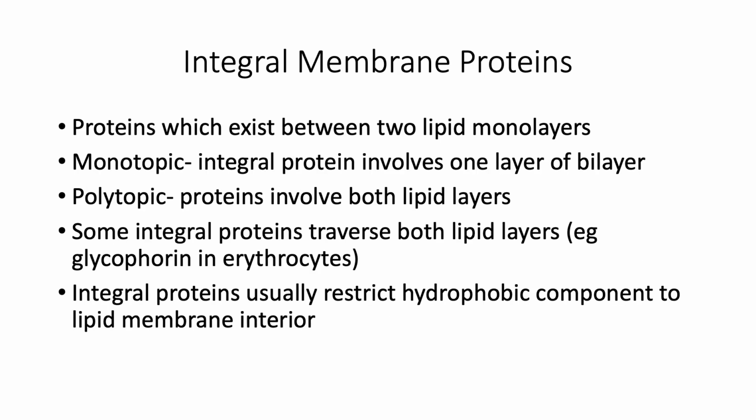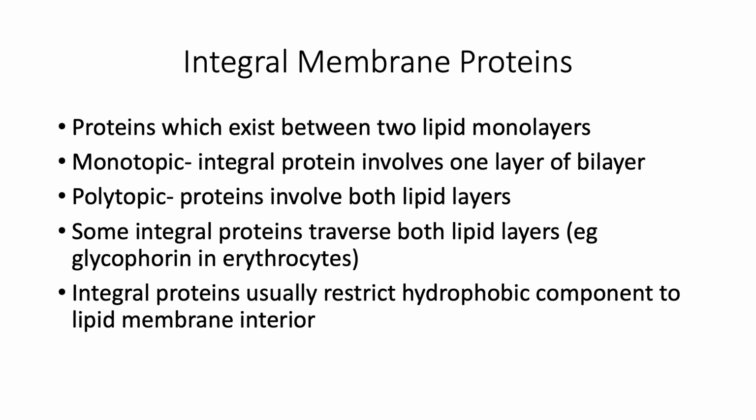And then you can determine polar areas of lipids by attaching fluorescent labeling. Integral membrane proteins. These are proteins that exist between the two lipid monolayers. They traverse the breadth of the membrane. They're monotopic, where the integral protein involves one layer of the bilayer, and polytopic are proteins that involve both lipid layers.